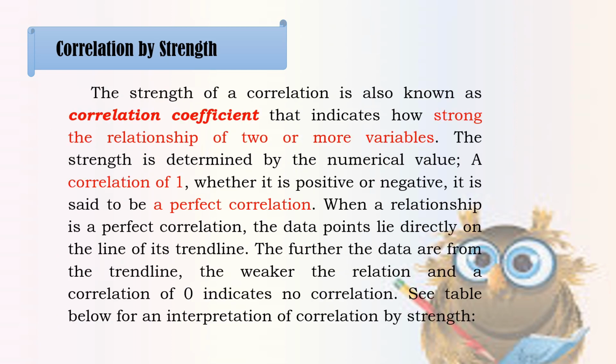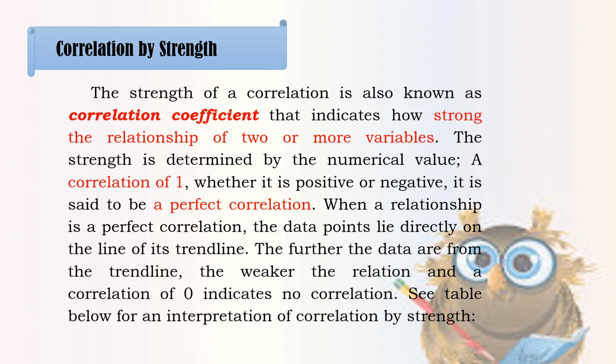Here is the correlation by strength, which we also know as the correlation coefficient. It indicates how strong the relationship of two or more variables is. The strength is determined by the numerical value. A correlation of 1, whether positive or negative, is said to be a perfect correlation.